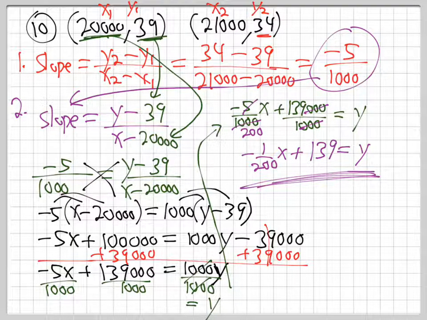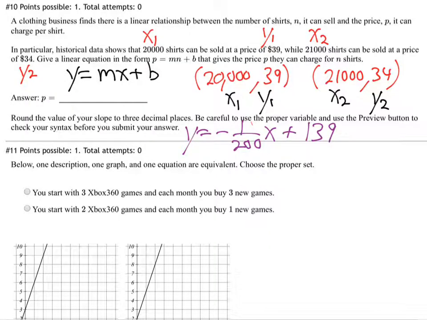There we go. Now, they want us to put it back in their letters. And I'll do that with you in just a second. But is everybody good to there first? Now, they don't want y and x. They want p, m, and b. So it's just like normally we have y equals mx plus b. They have p equals mn plus b.